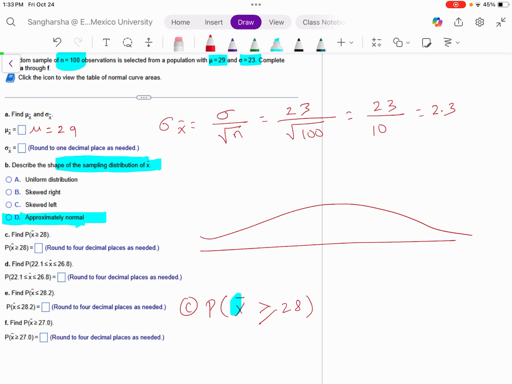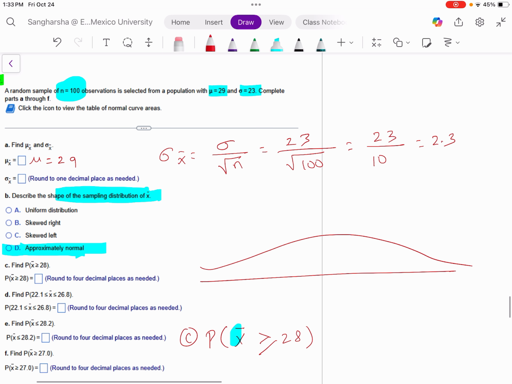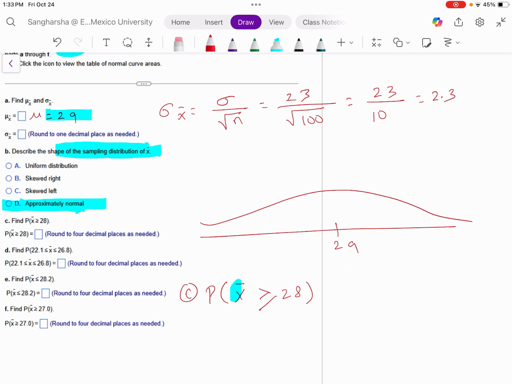The mean for that distribution is 29, so we have 29 here. Now let's locate 28. So 28 is here, and we are interested in finding the probability that x bar is greater than 28. Greater than 28 means everything to the right of 28.